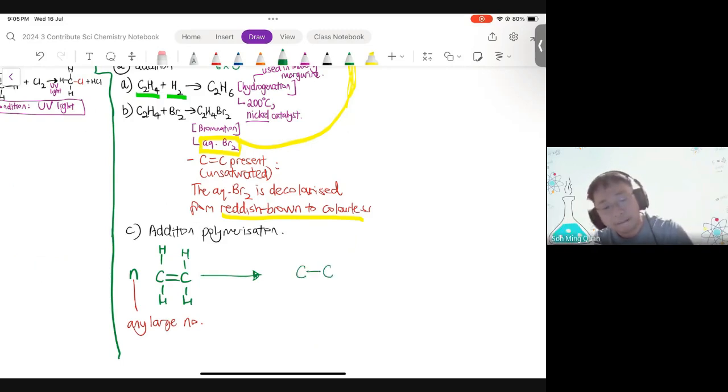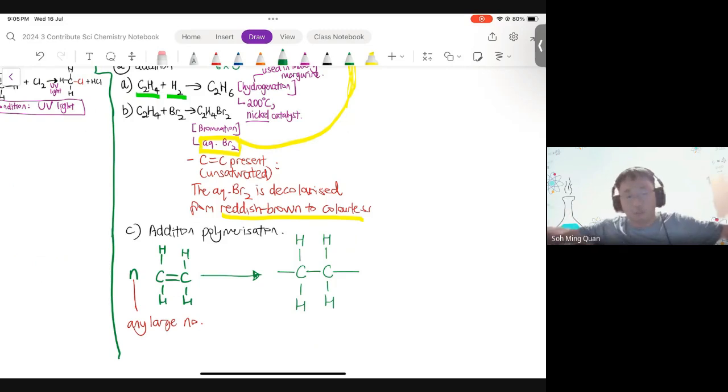So it becomes an ongoing chain with many, many ethene molecules joined together. The 4 different atoms attached to the double bond did not change. What just changed is the double bond broke left, open, right, open. Then you just bracket it up and put n.